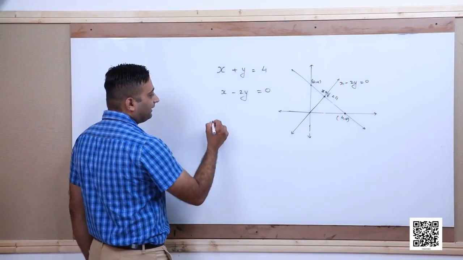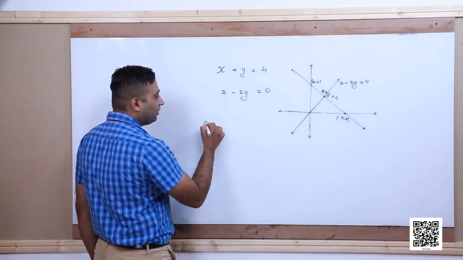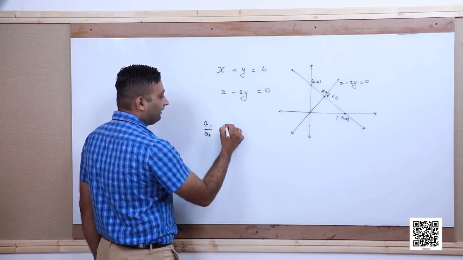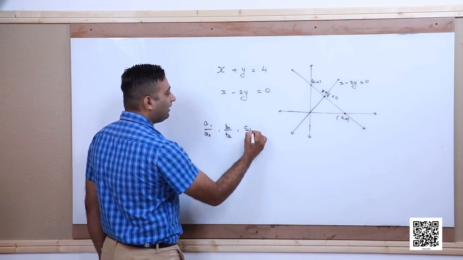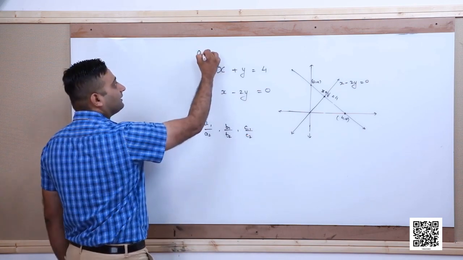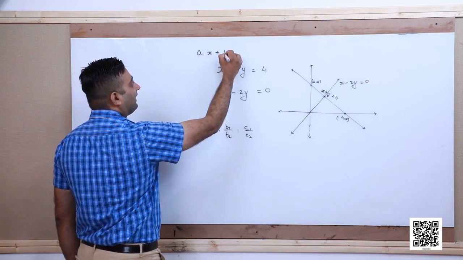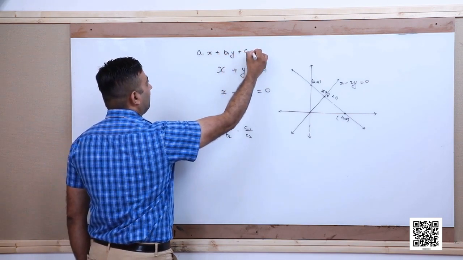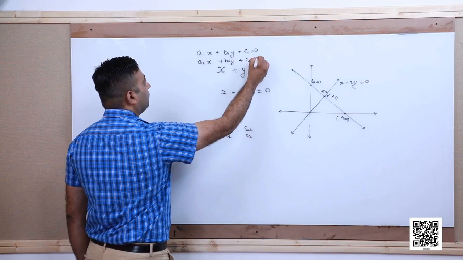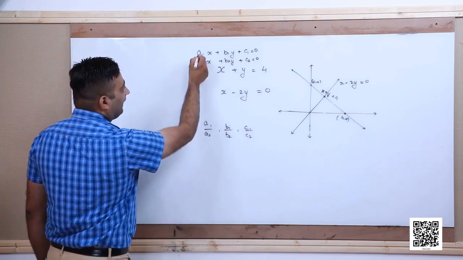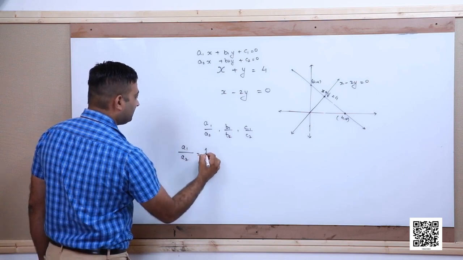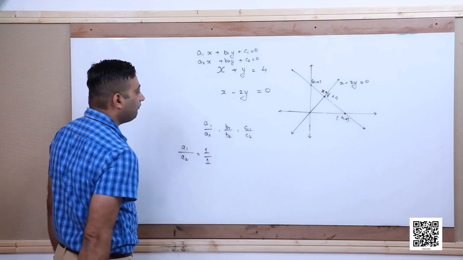Now, let us compare the ratios a1 by a2, b1 by b2 and c1 by c2 after comparing these equations with the standard form, that is a1x plus b1y plus c1 equal to 0 and a2x plus b2y plus c2 equal to 0. Now, a1 is 1 and a2 is also 1, so a1 by a2 is equal to 1.